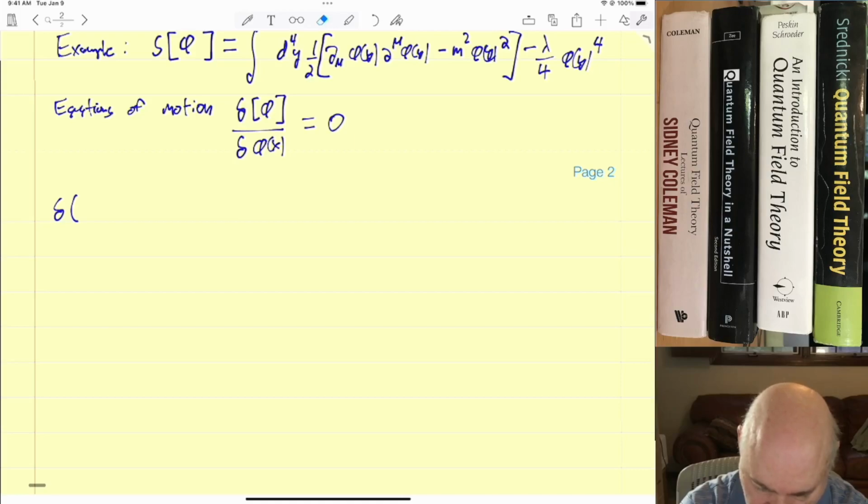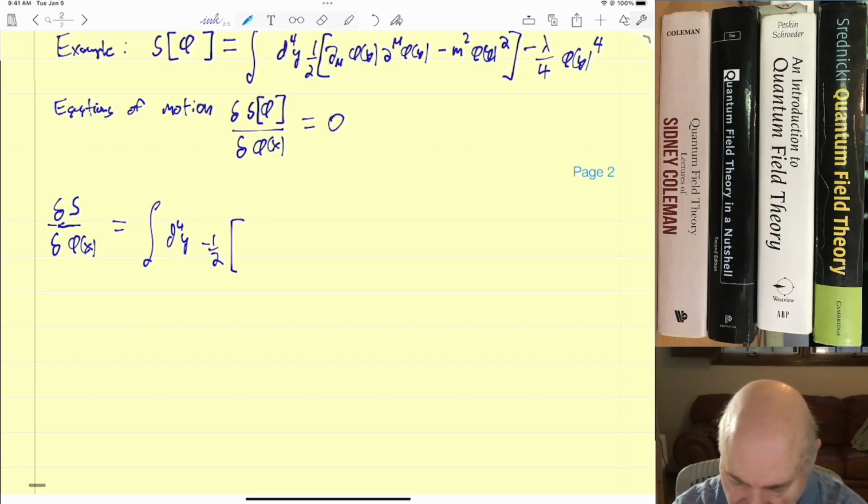This should be del S of phi. So I have del S equal to the integral d4y, minus 1/2.